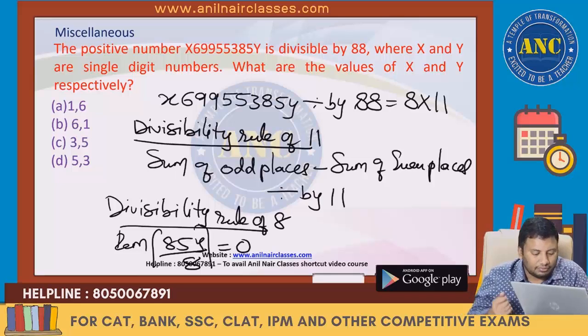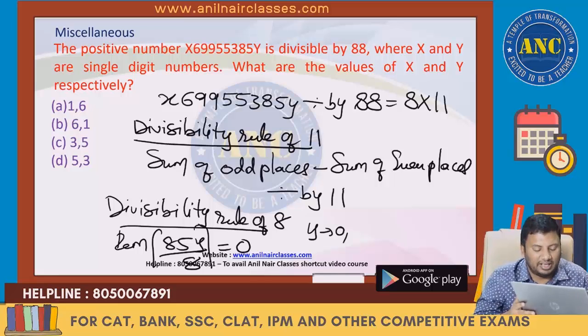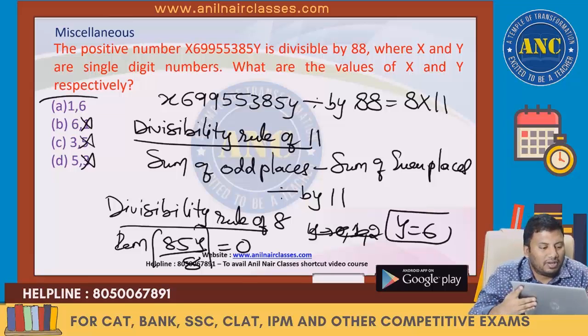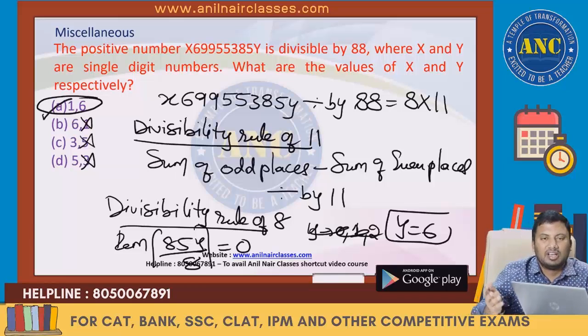So y which value? 0 is not possible, 850 is not divisible by 8. 1 is not possible. So here options are there. Y is 6, 1, 5, 3. 5 is an odd number, 3 is an odd number, 1 is an odd number. Directly you got y value 6. Only one option where y is 6. I hope it is clear.